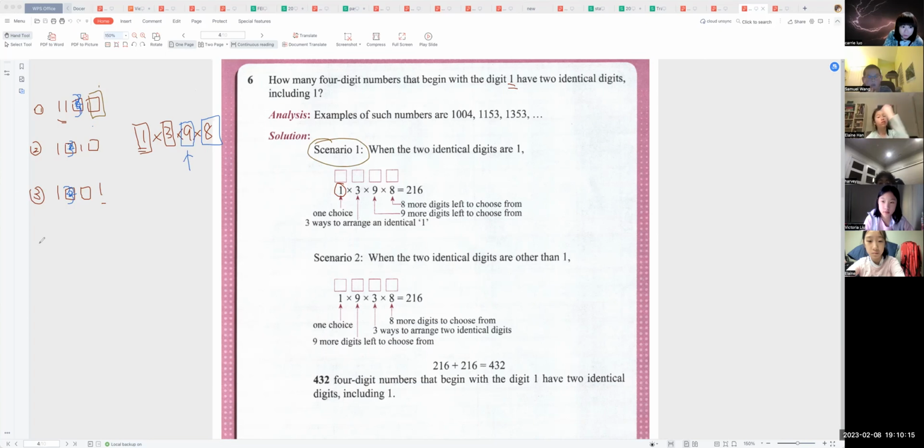Okay, so now I'm moving to scenario 2. So scenario 2, the first one's still going to be 1. This part is never going to change. But the same digit will be other than 1. So that means we are going to have a number like 2 something 2 or 2 2 something, correct?